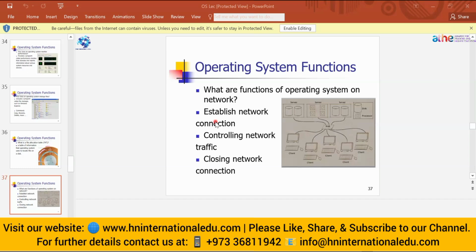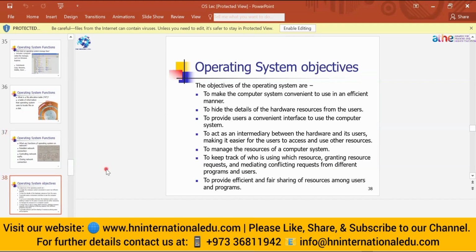So you have to first request for them, and after using them, you have to release them. This is the proper way of using the resources. After establishing a network and controlling the network traffic, it is also the responsibility of the operating system to close the network connection.